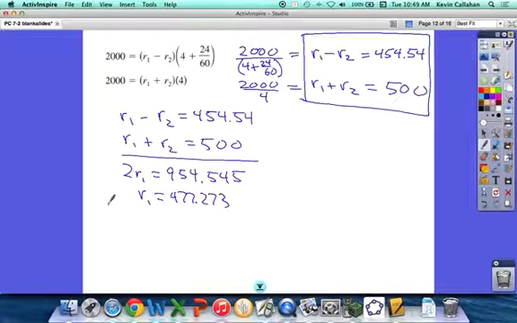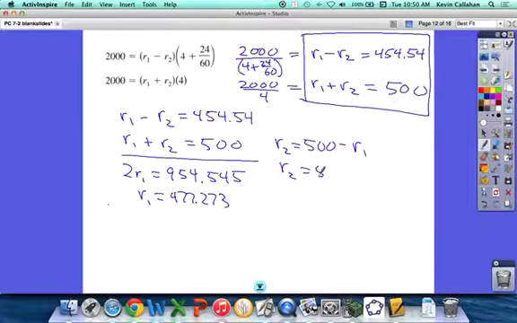Okay, and now we have to find the R2. So which equation do you think would make it easier to do that? Probably the second one. What you could tell is that R1 plus R2 is 500. So you're going to subtract. R2 is 500 minus R1.